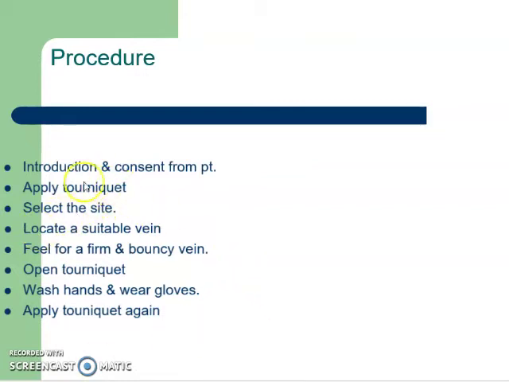Then, after tying the tourniquet, you select a suitable vein and feel whether you can feel a firm and bouncy vein, and then you release the tourniquet, go and wash your hands, wear gloves, and after that, again apply the tourniquet and take the cannula.